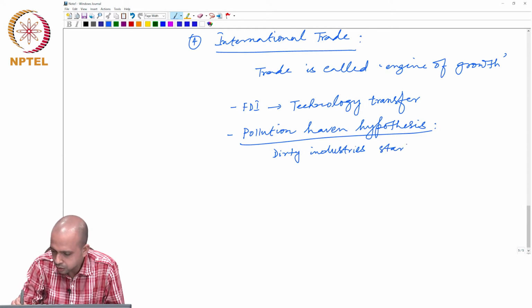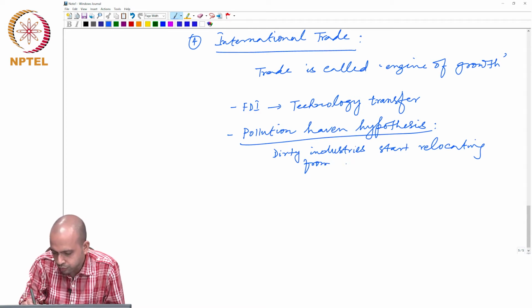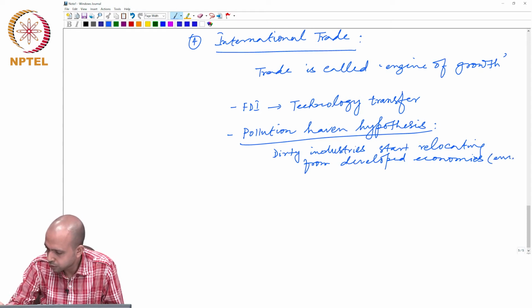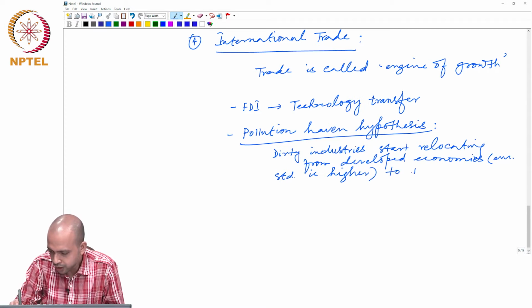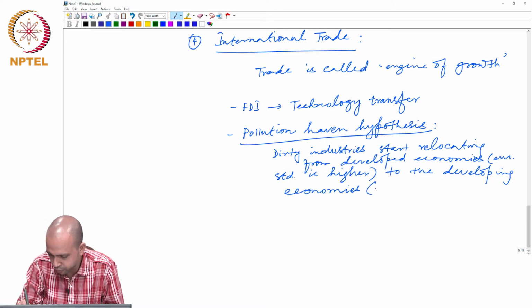start relocating from developed economies, where the environmental standard is higher, to the developing economies with lower environmental standard.